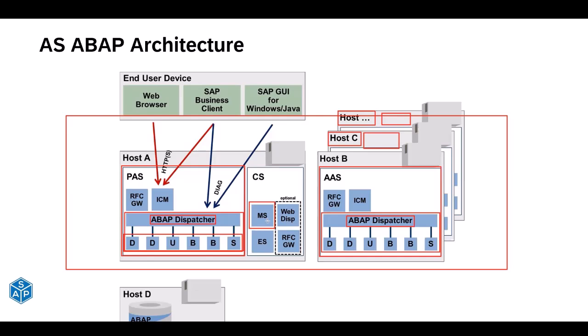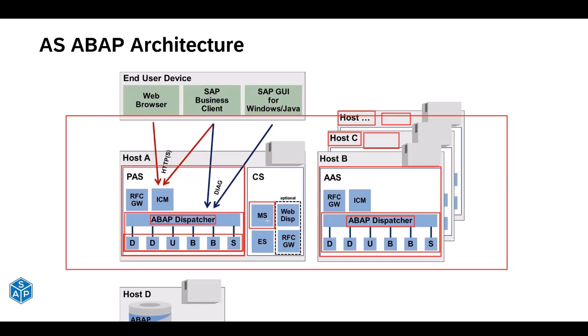But if you have multiple application servers, then you will not directly connect to the dispatcher of that system. You will connect to the message server. The message server will actually do the load balancing. It will collect all the requests from the users and distribute them to the different dispatchers.